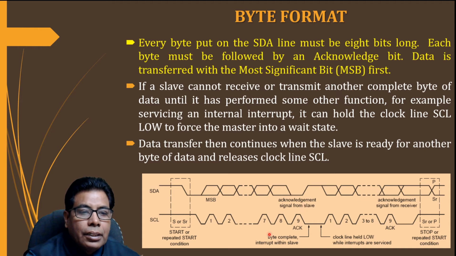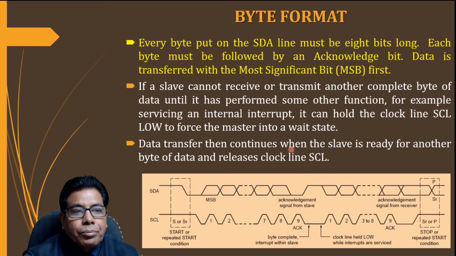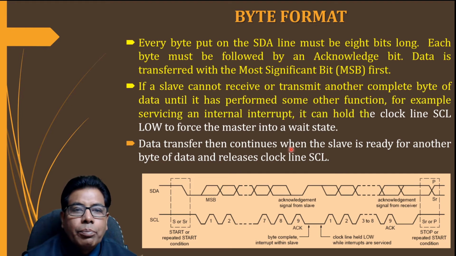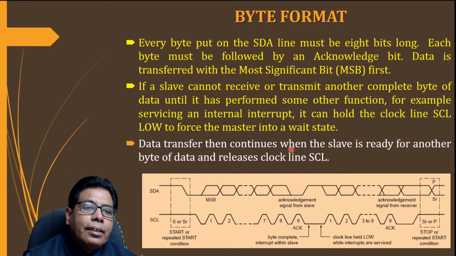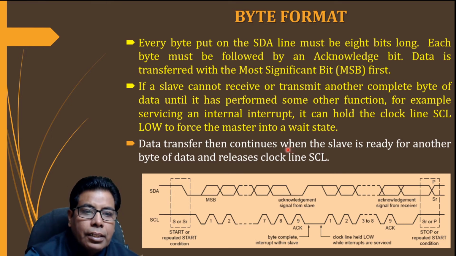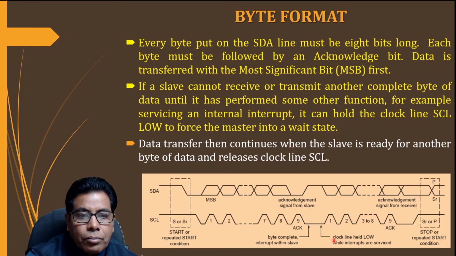So after 8 bits of data, we'll have the 9th bit as the acknowledgement. Now if the slave cannot receive or transmit another complete byte of data until it has performed some other function, say here, clock line held low while interrupts are serviced.